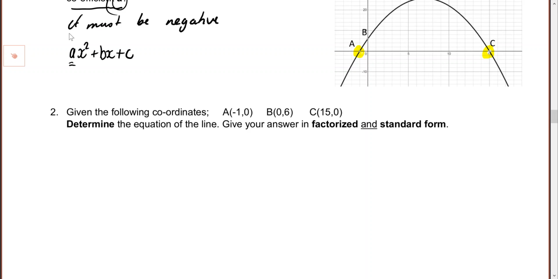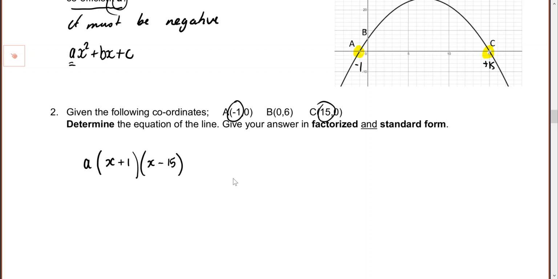So if it's -1 here, you know it must be x plus 1. And if it's positive 15, you can see it here, this must be x minus 15. But part 1 says there's a negative a involved, so let's find what a must be.